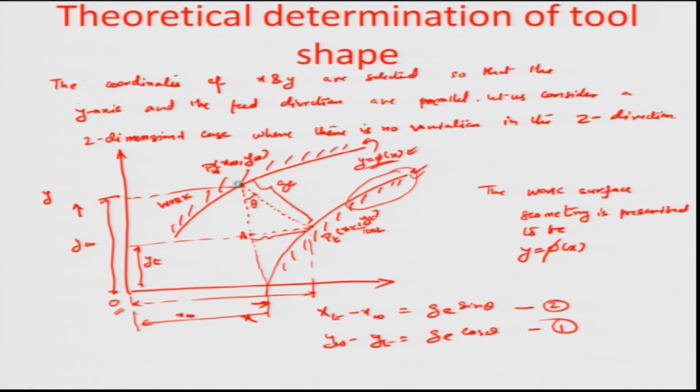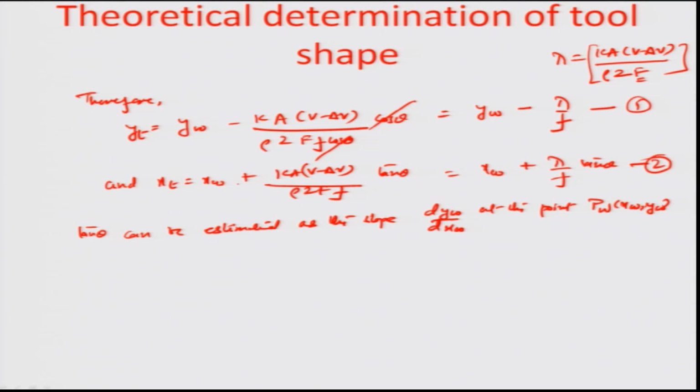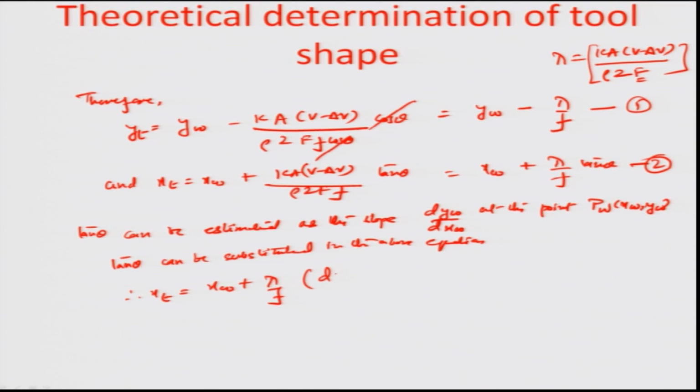So, having said that, now the tan theta can be substituted in the above equation, and I can write xt to be equal to xw plus lambda by f dyw by dxw.